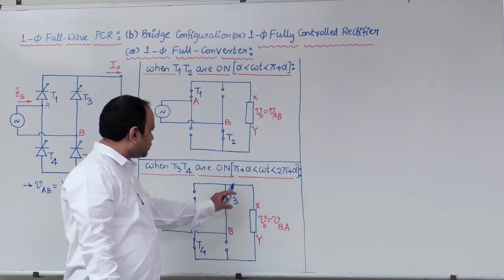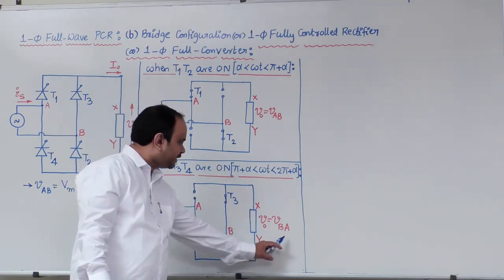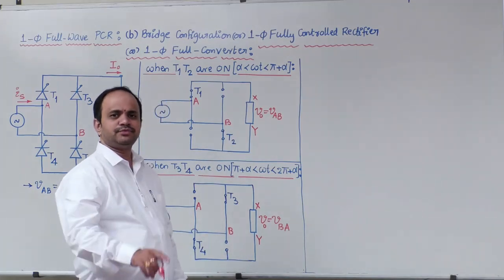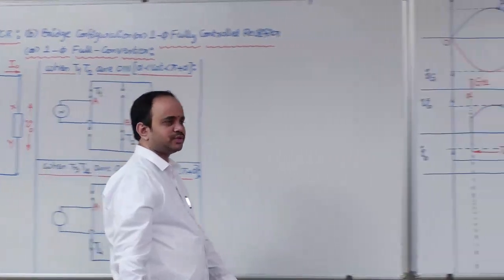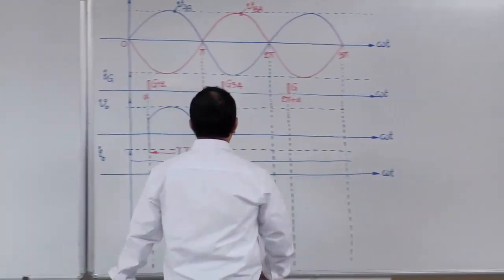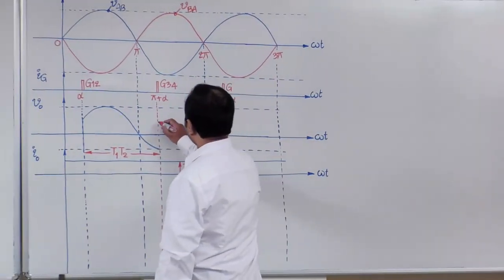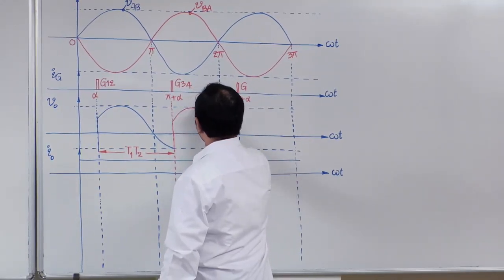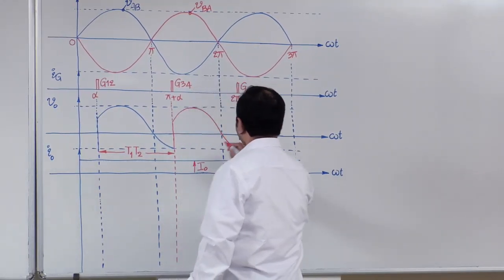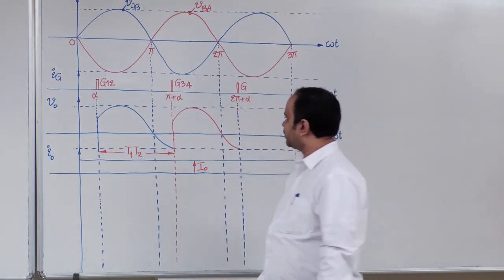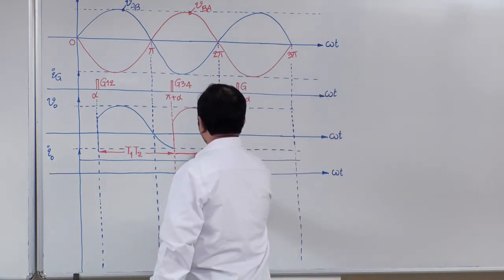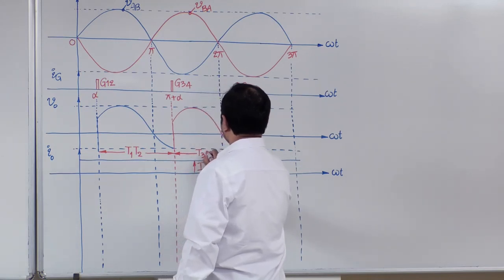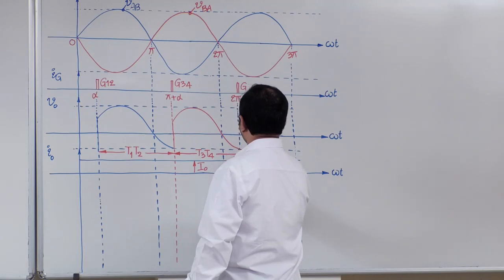Therefore, from pi plus alpha to 2 pi plus alpha, what output voltage conclusion did we get? VBA. VBA means we should follow the red color sinusoidal. Therefore, the output voltage V0 will be the same as the red color sinusoidal VBA, like this, from pi plus alpha to 2 pi plus alpha.